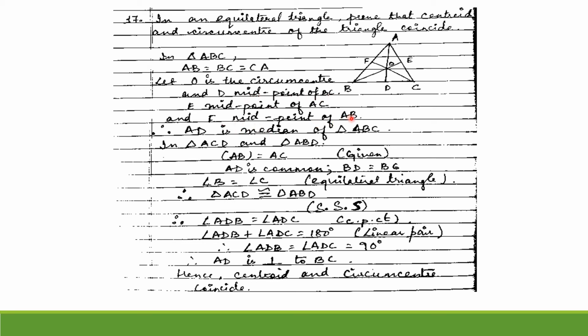the side AB. Now since AD is the median of the triangle ABC, we can take two triangles, that is ACD and triangle ADB, and prove that the two triangles are congruent by the theorems of congruency. So since we know that it's an equilateral triangle, AB will be equal to AC and side AD is common.